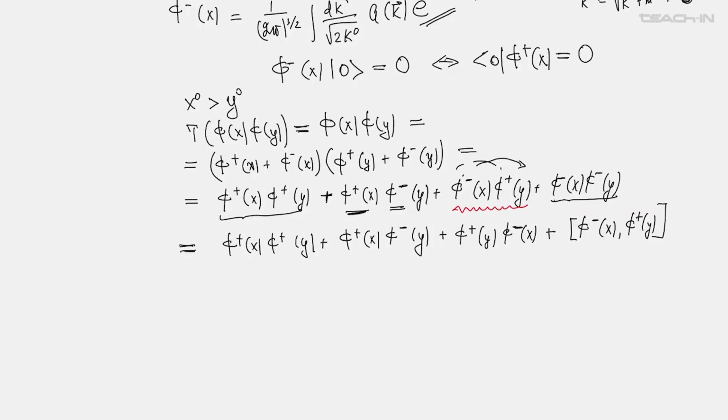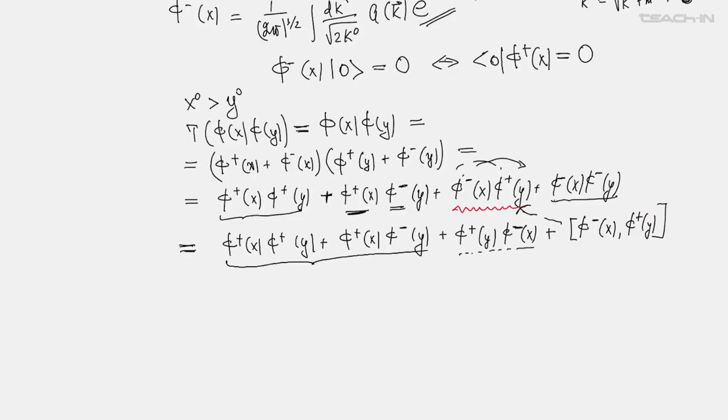This will be restored back, and the term phi plus on y, phi minus on x will be cancelled with this guy. So in other words, I added and subtracted the normal ordered field, and that's why I produce as a result this commutator. The fields which are here are already all normal ordered.